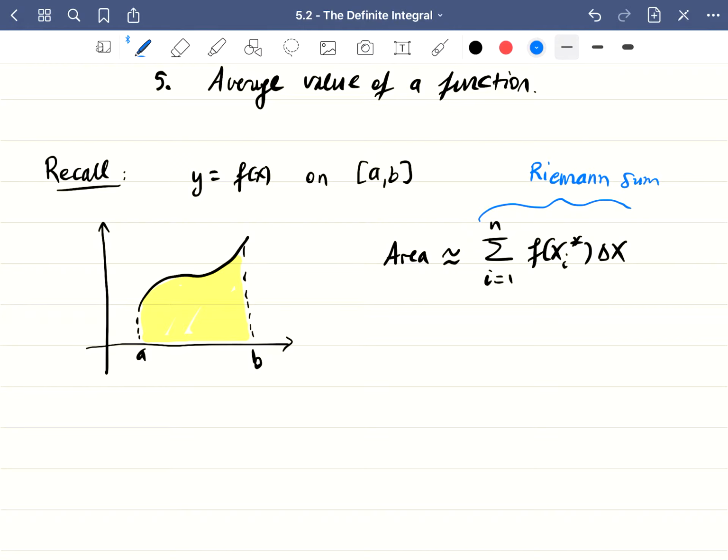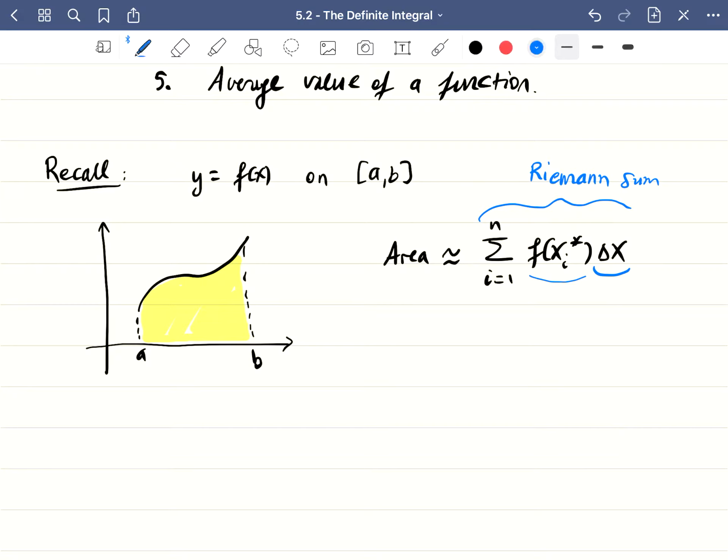And moreover, this is the length of a subinterval if you divide the interval a comma b into n subintervals, and this is the value of the function f at a particular point in the ith subinterval, and the product of these two quantities gives you the area of one rectangle.